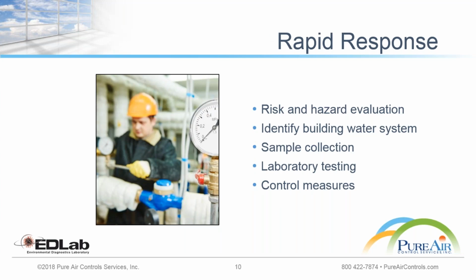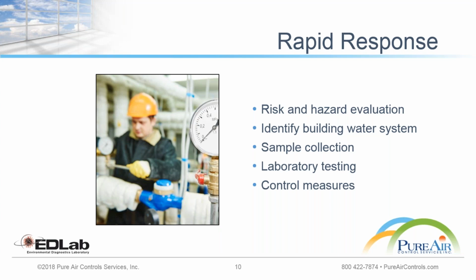So the other question that arises, and this is the title of this webinar, is rapid response: how we can respond in a very quick fashion if we have to go under the reactive measure. The very first thing we should start doing is the risk and hazard evaluation: what area, how many people, how it is being spread out, and whether we know the source or not. If we know the source, what we can do about it. We can discuss these things a little later in this webinar, but that is the first step for a rapid response.